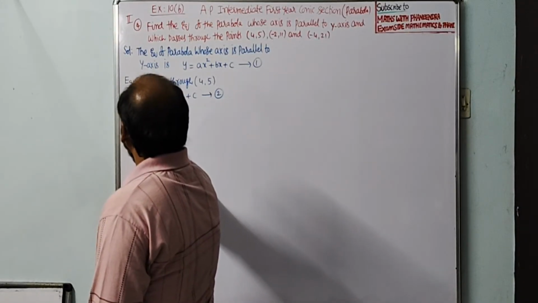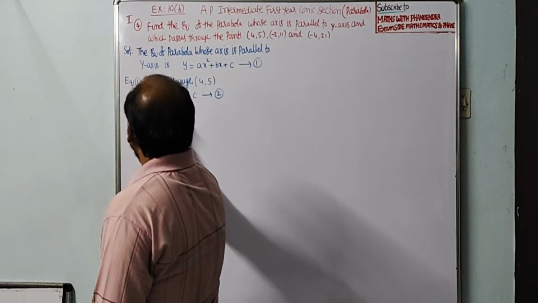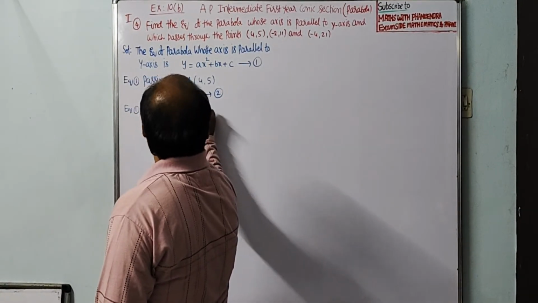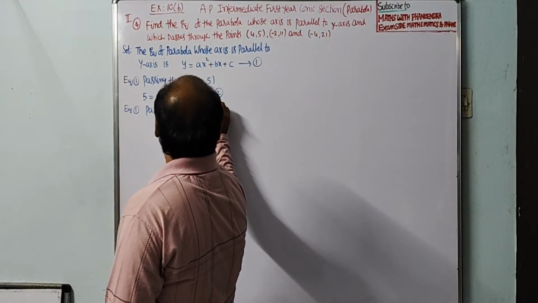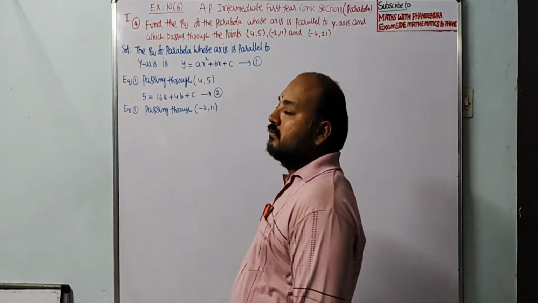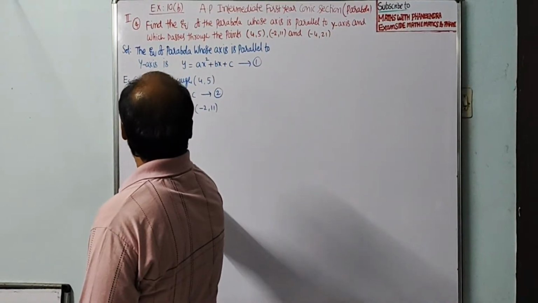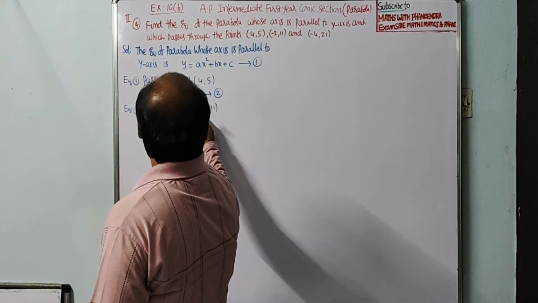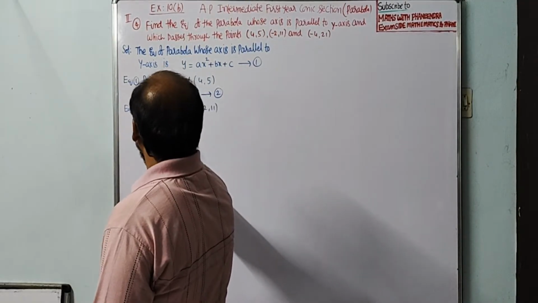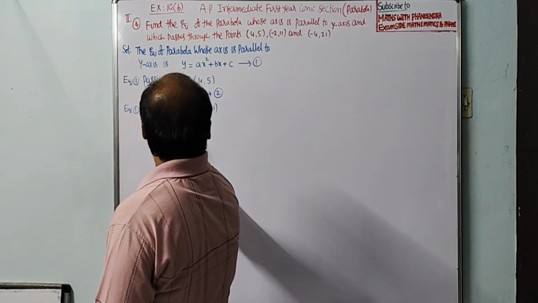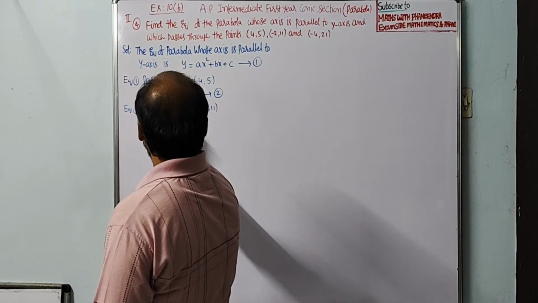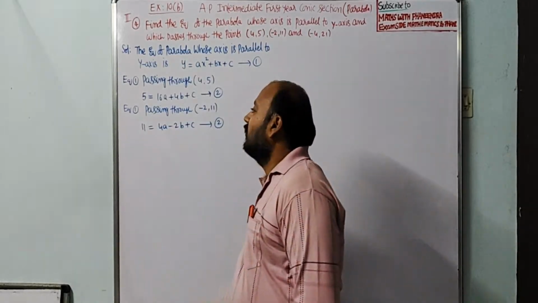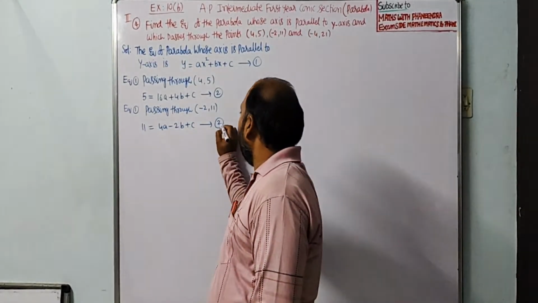Equation 1 passing through minus 2, 11. So 11 equal to minus 2 square into a, means 4a, minus 2b plus c. Equation number 3.